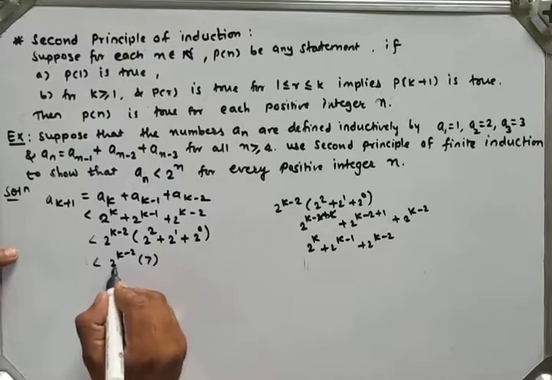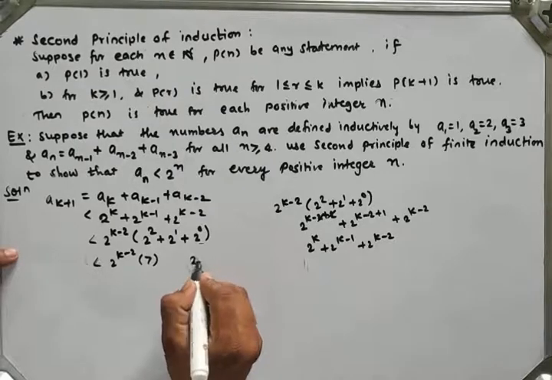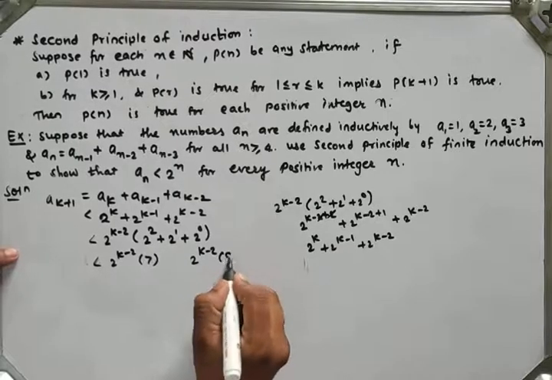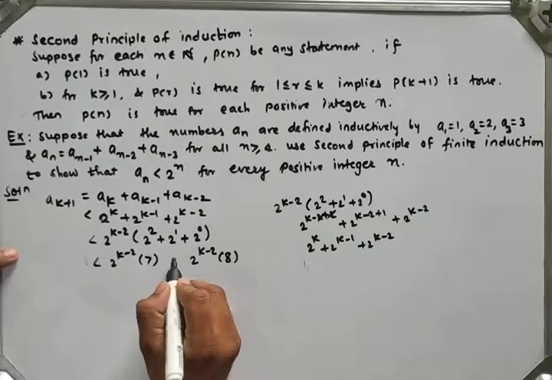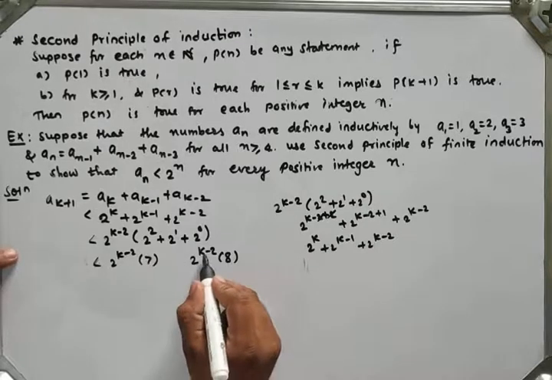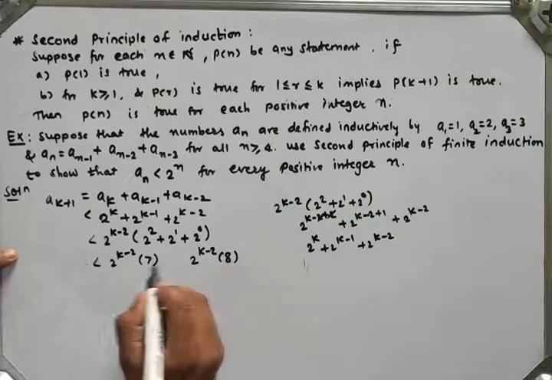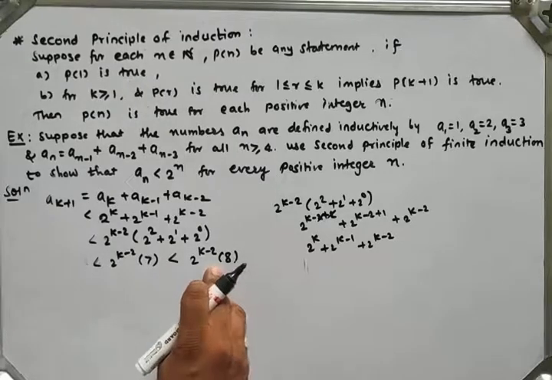So now here 2^(k-2) into 7, and I will write 2^(k-2) into 8. So in these two numbers, which number is greater, right? Between these two numbers, 2^(k-2) into 8 is always greater, right?